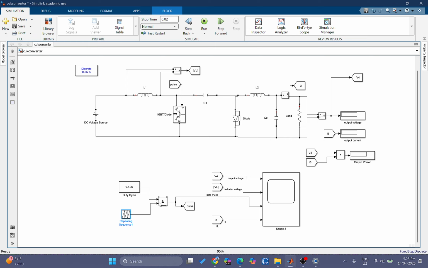So this is the pulse generator, and at the output we are getting a pulse.